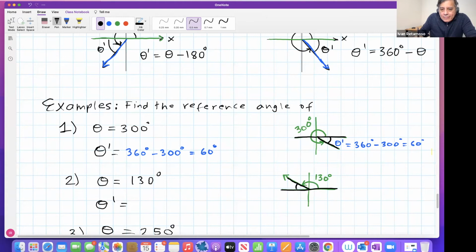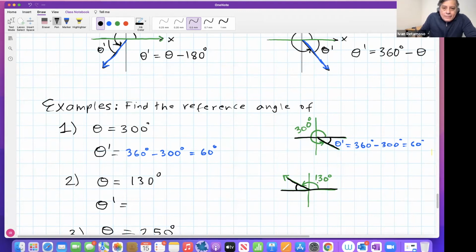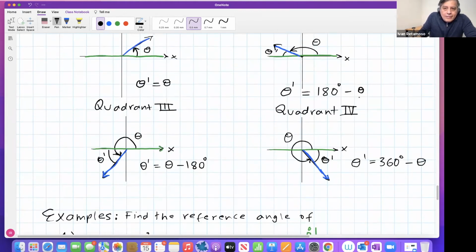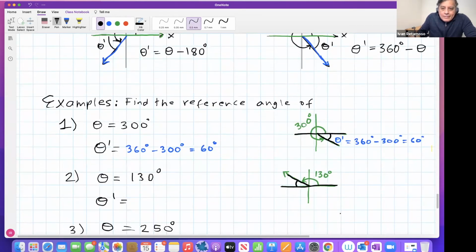This angle is clearly 180 minus 130, or you can just follow the formula that I have given here, 180 minus a given angle. So theta prime will be 180 degrees minus 130 degrees, which is 50 degrees, right? 50 degrees represents the angle 130, an acute angle. That will help us.